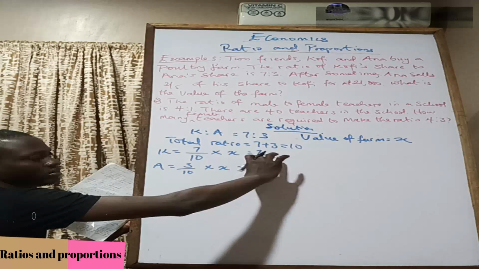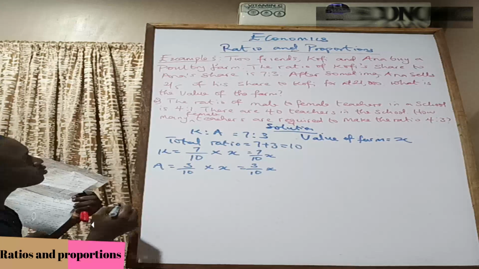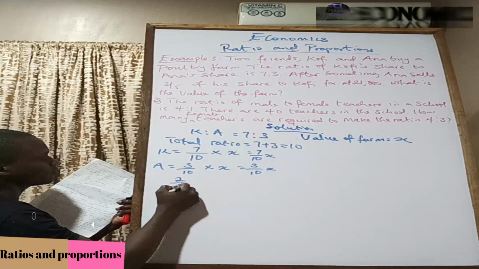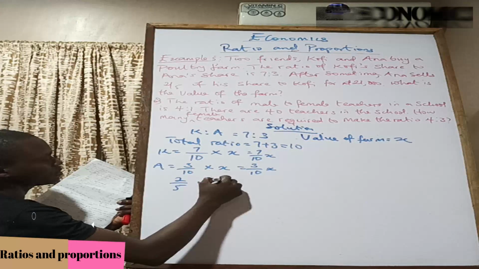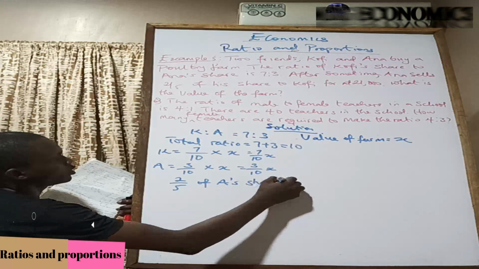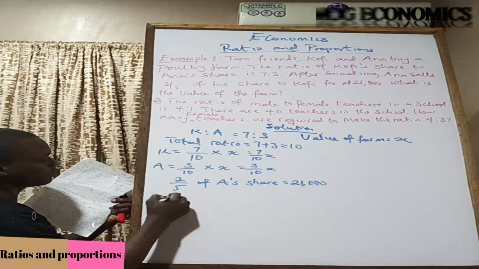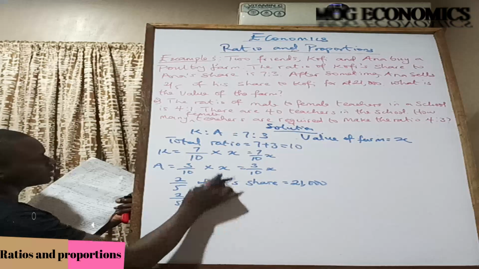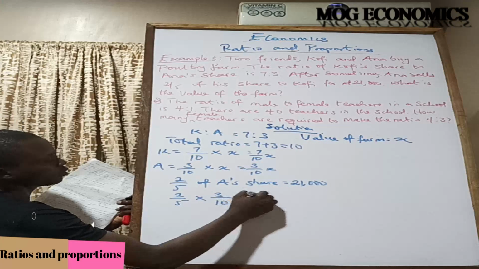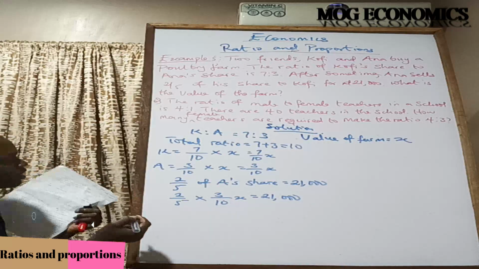Hannah's share is 3/10 X, which means 2/5 of Hannah's share, that's multiplication, equals 21,000 naira. So 2/5 multiplied by 3/10 X equals 21,000. So what's the value of the farm?